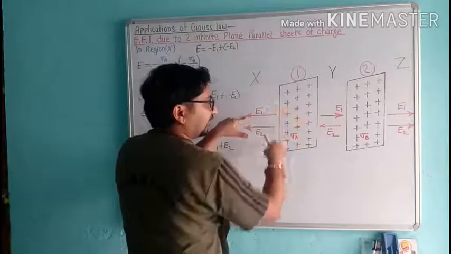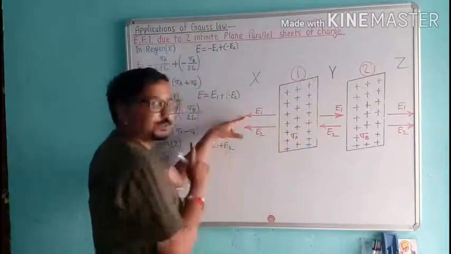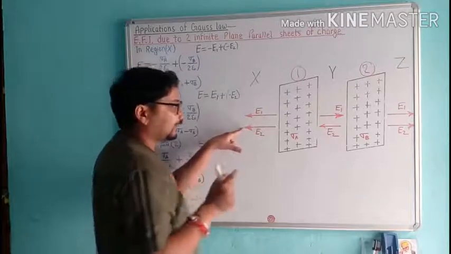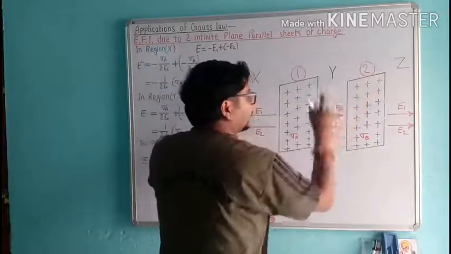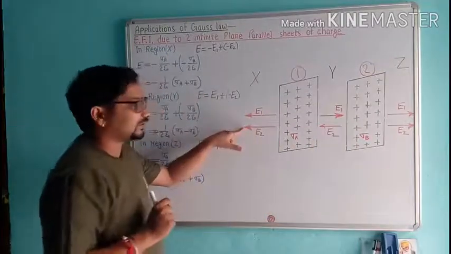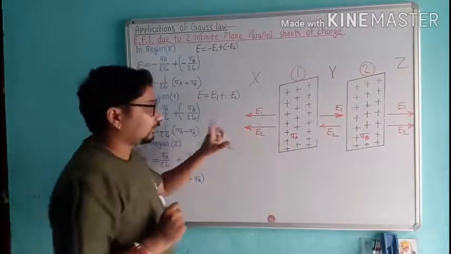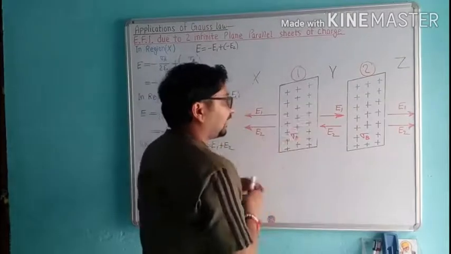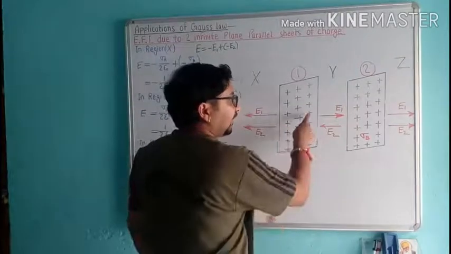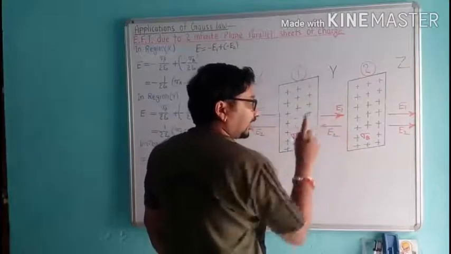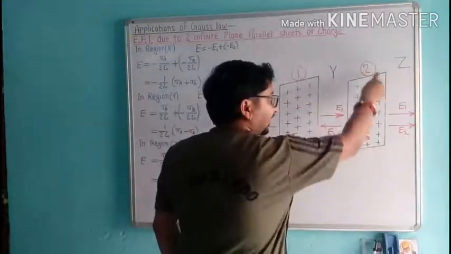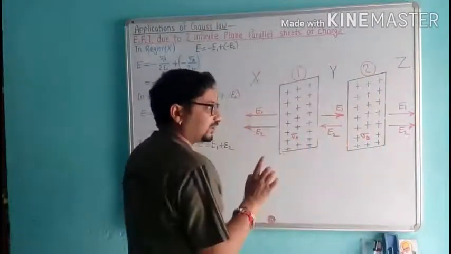Now in region X, the direction of electric field intensity due to the first sheet will be away from the sheet, and the direction of electric field intensity due to the second sheet will be away from the sheet. Now for region Y, the direction of electric field intensity due to the first sheet is away from the sheet, and due to the second sheet is away from the sheet.